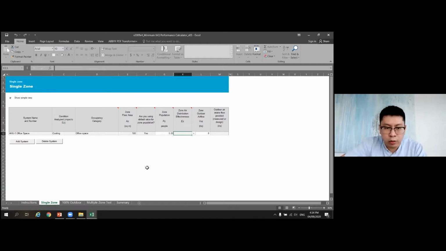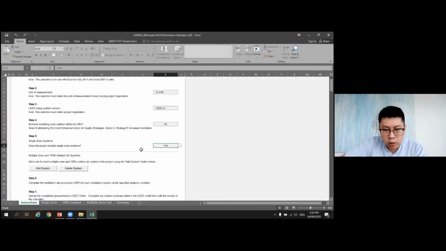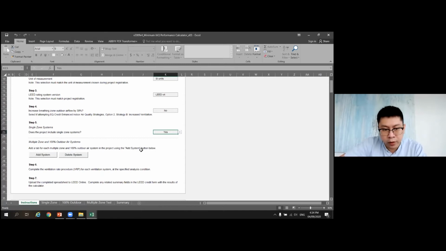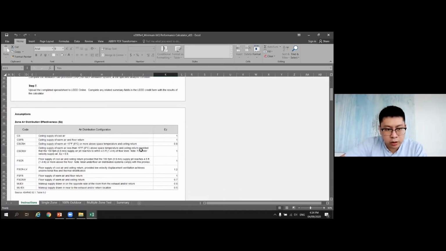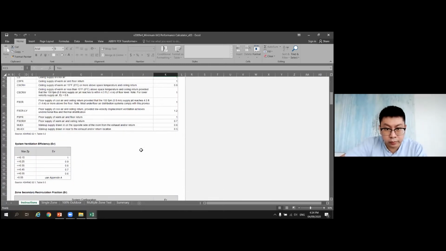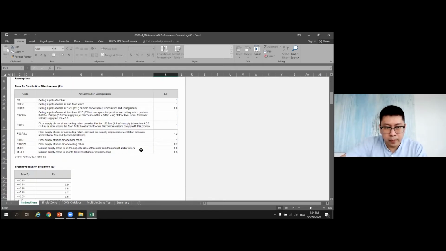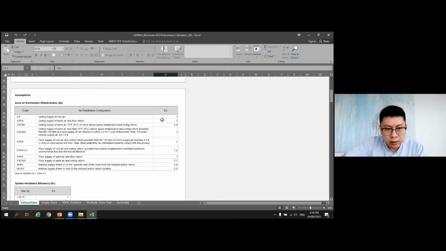For the exact value, we can go back to the instructions and look at the explanation over here. First one is ceiling supply of cool air. This is most of the cases, where you have cool air coming from the ceiling supply. Then ceiling supply of warm air and return. In the Malaysian climate, there's no warm air, so we don't do heating and actually skip all this.